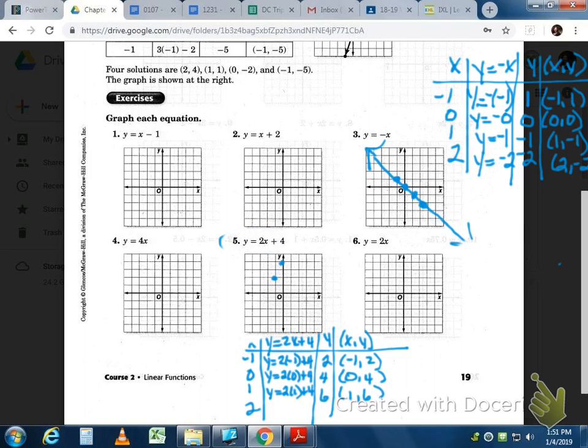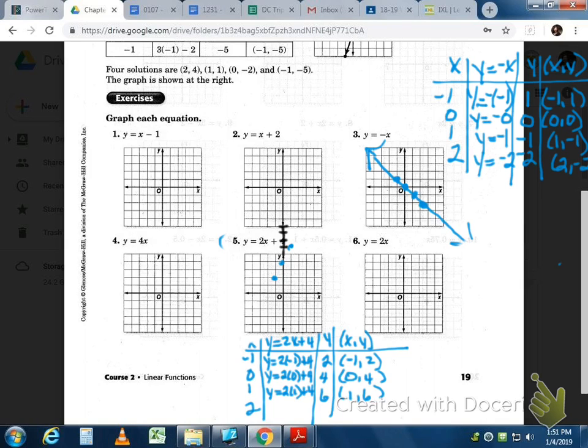I just got rid of my line. Oh. Why do you do that?